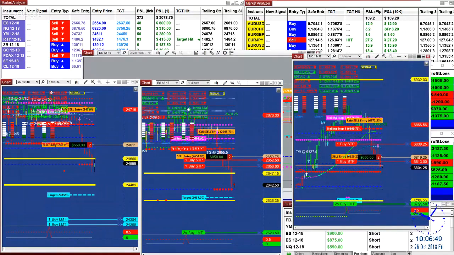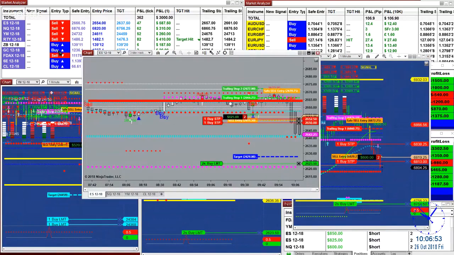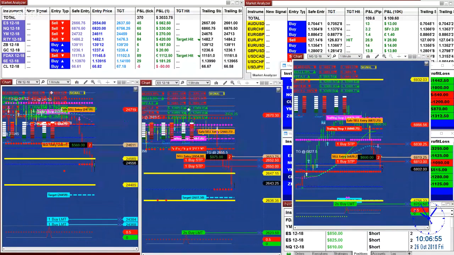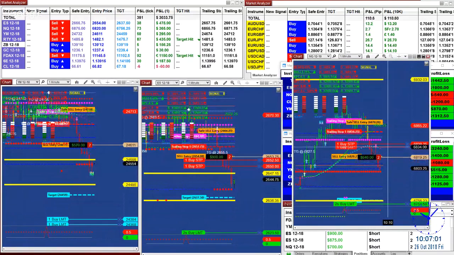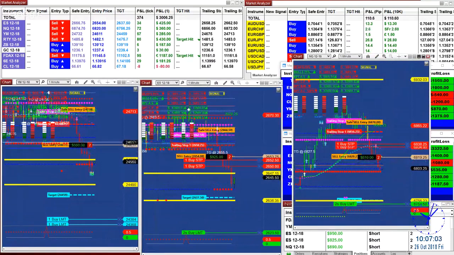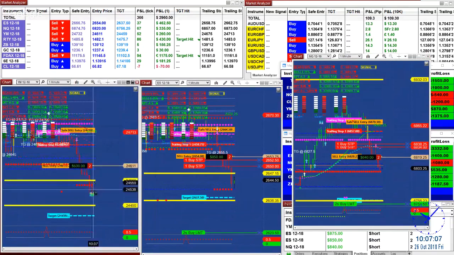So right now you are on the last entry. Let me take this one here out. You are $690 on the Nasdaq and $900 on the ES, $550 on the. There is a reversal.